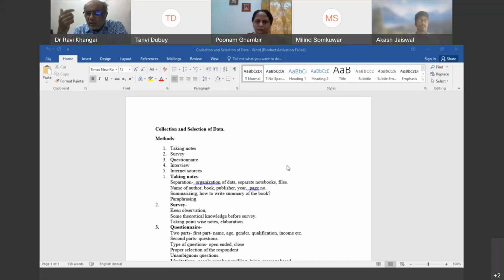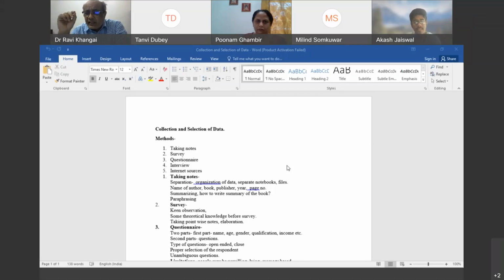Now, what is the use of this first part? When you analyze the data, you can try to understand whether people belonging to a particular gender are responding in a particular manner. For example, if you are doing research on some village, I'm just talking about social sciences, not specifically history, it is quite possible that for the women in the village, the problem of drinking water might be more profound, more important than the irrigation facility in the agricultural land.